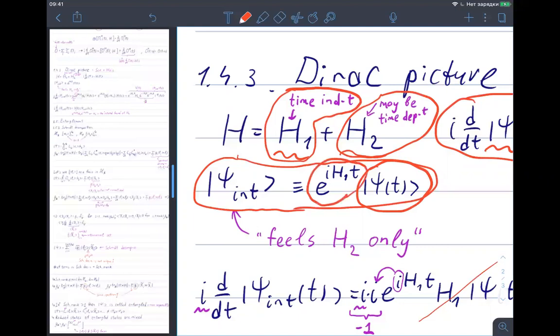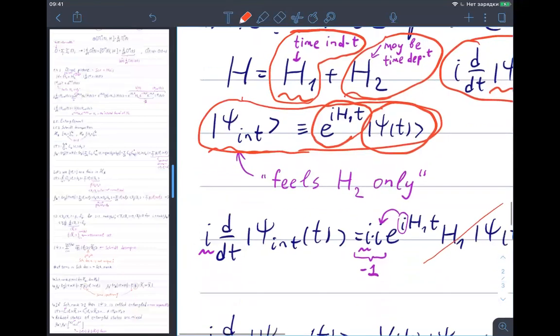We have these two parts of our Hamiltonian: H1 is some basic part, H2 is some addition. We would like to study not the full evolution, but the response of our system only to this H2 part. In order to do so, we move into a rotating frame, which rotates with this H1 Hamiltonian. So we consider this psi interaction.